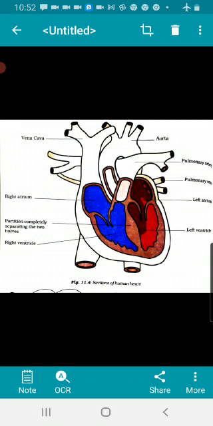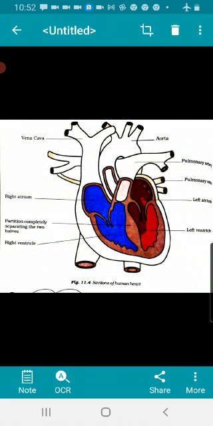When the right auricle contracts, the deoxygenated blood goes to the right ventricle. On contraction of the right ventricle, deoxygenated blood goes to the lungs through the pulmonary artery. You have studied that arteries carry blood from the heart to all other parts of the body.